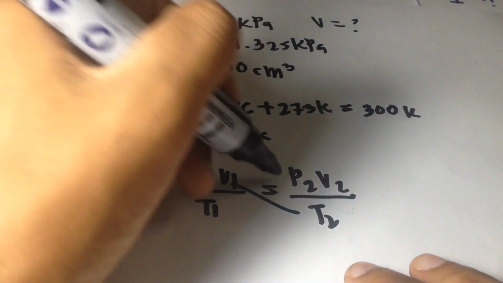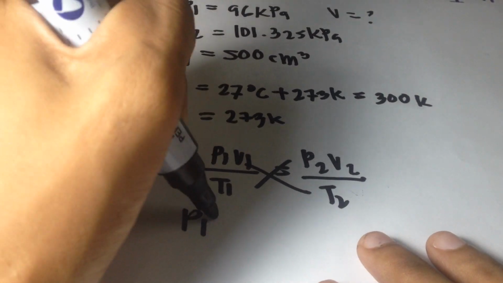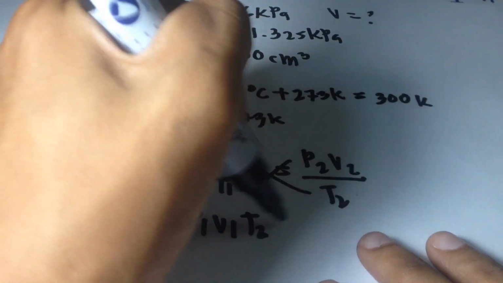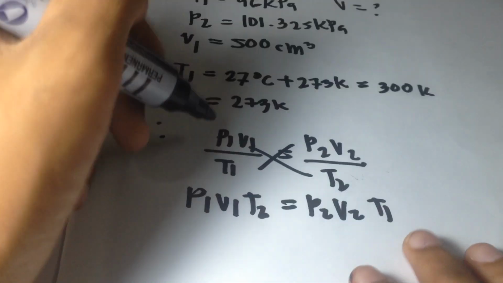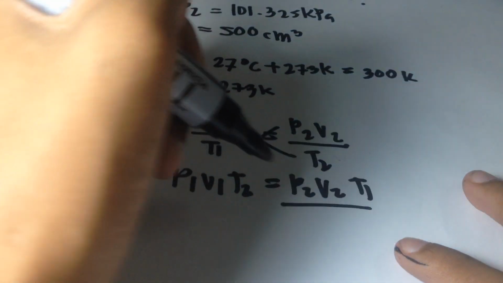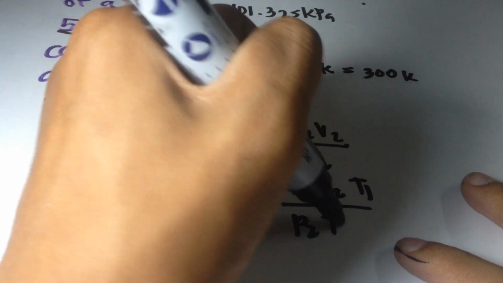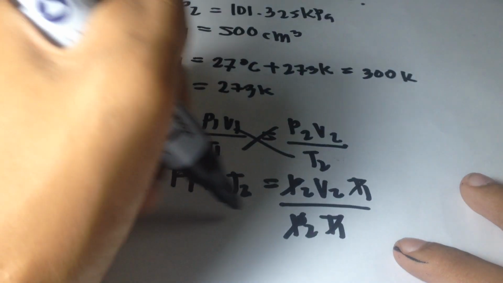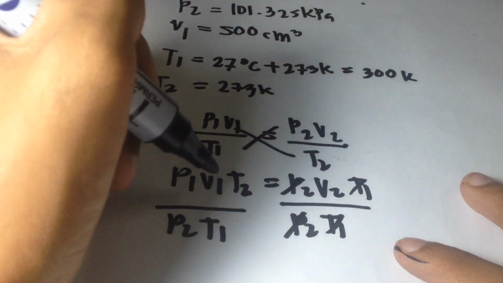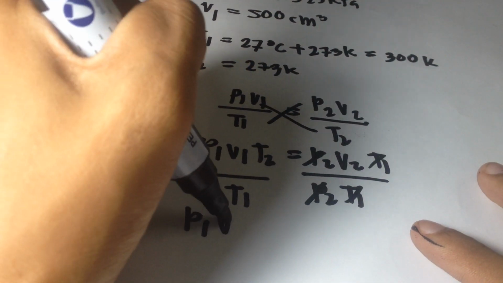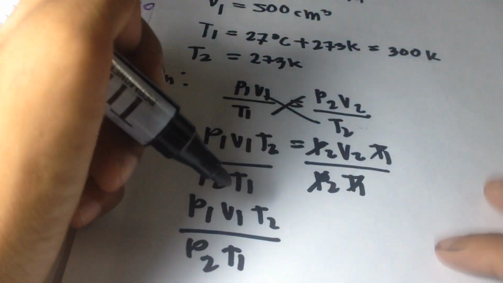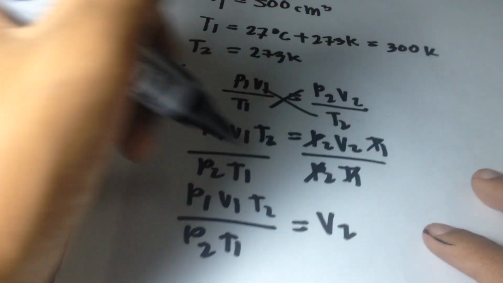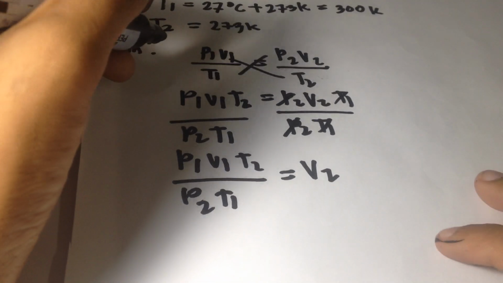So you need to cross multiply again. So P1V1 times T2 is equal to P2V2 times T1. So we need to divide both sides by P2 and T1, so those cancel out. So P1V1T2 over P2T1 is equal to V2.